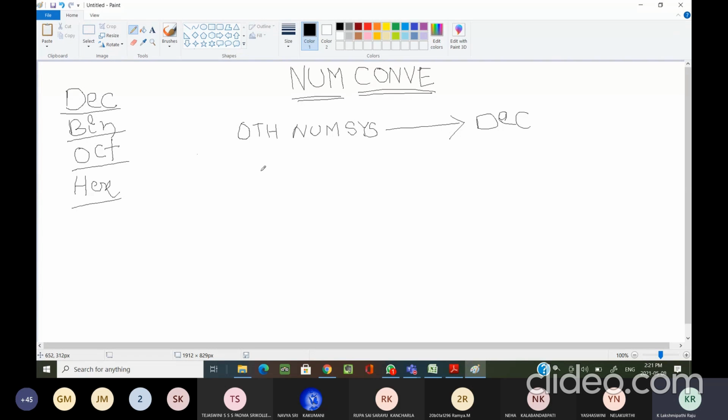Now, here initially I am considering the number systems that are there in our syllabus. Binary to decimal, octal to decimal, and hexadecimal to decimal.